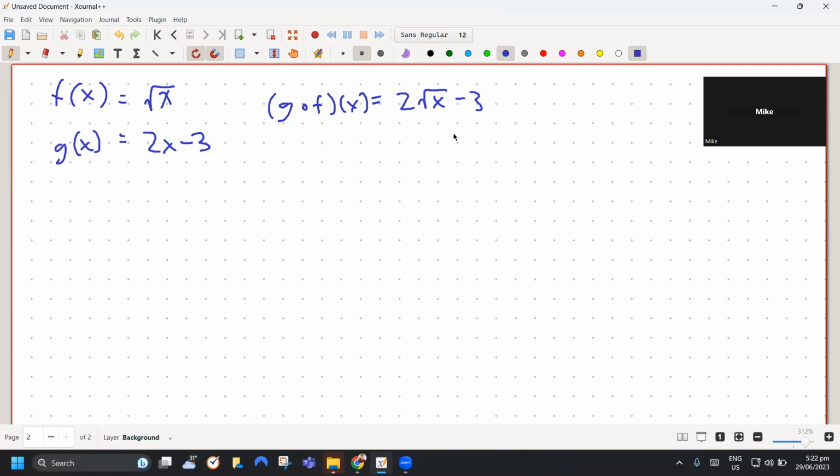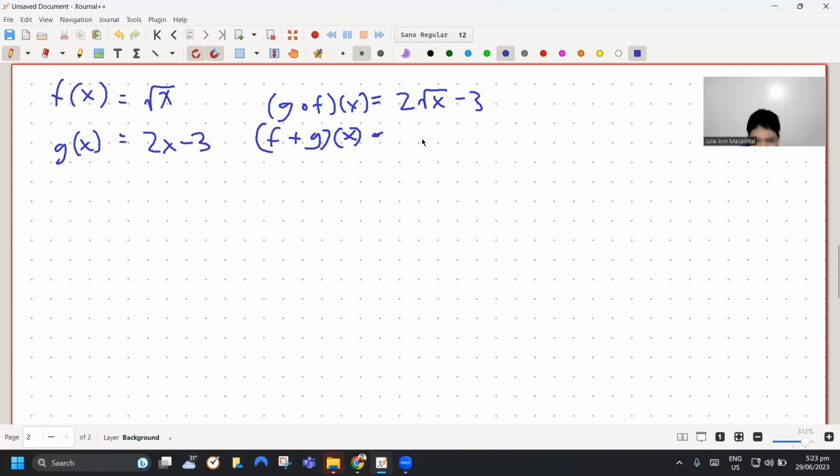Ngayon, yung f plus g, ano naman? So f plus g, the sum of the functions.